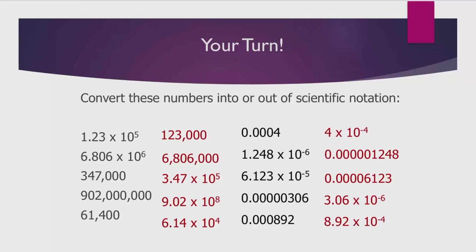Questions, concerns, confusion about any of these, if you want a real quick check. Is that what I got? So our left column is all big numbers. So the exponents are all positive for the 2 that we're converting out of scientific notation.